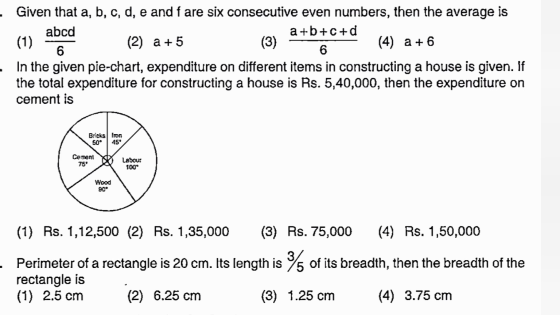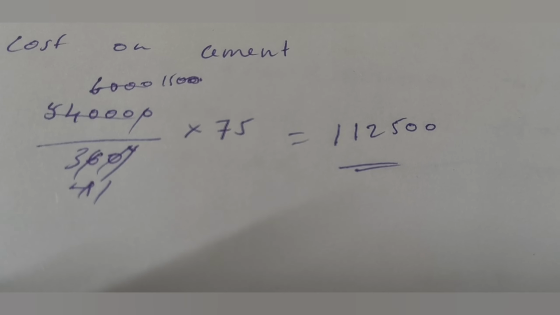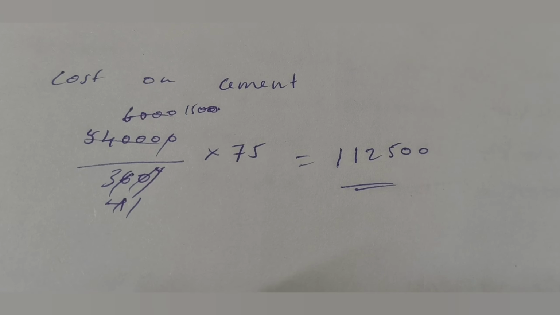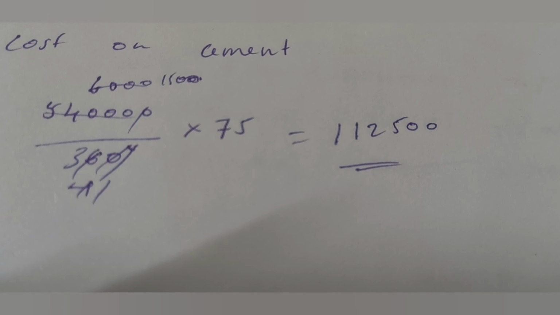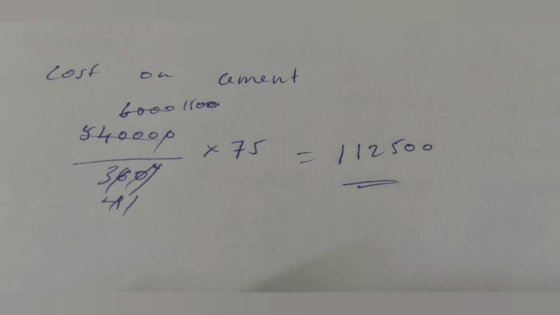So here the cost on the cement is given as 75%. So the cost on cement we can consider 5,40,000 divided by 360 into 75%. Why is it 360 degrees?